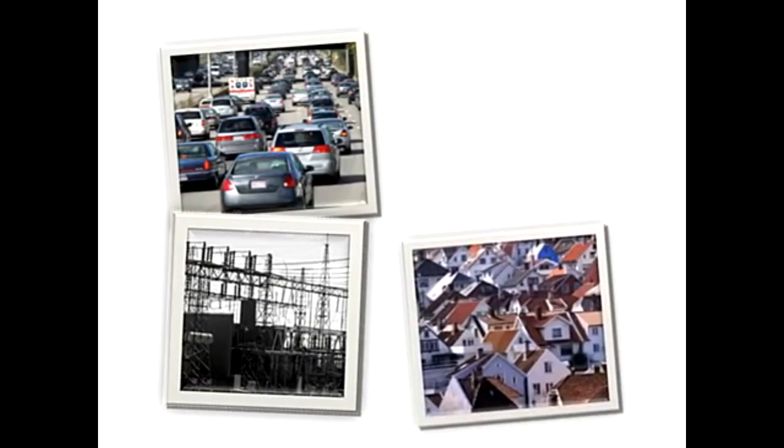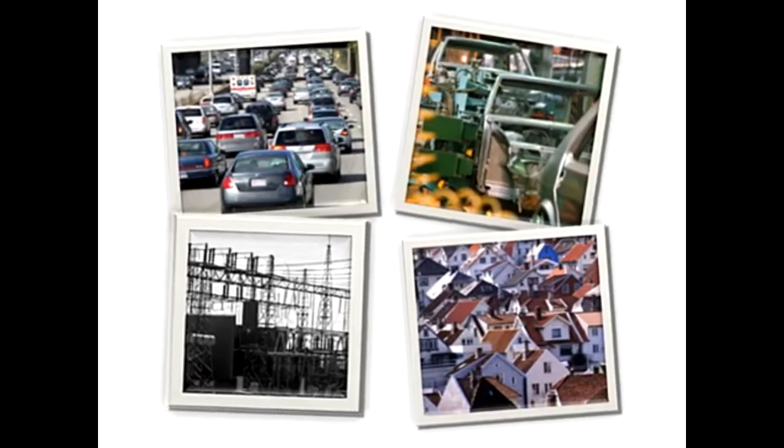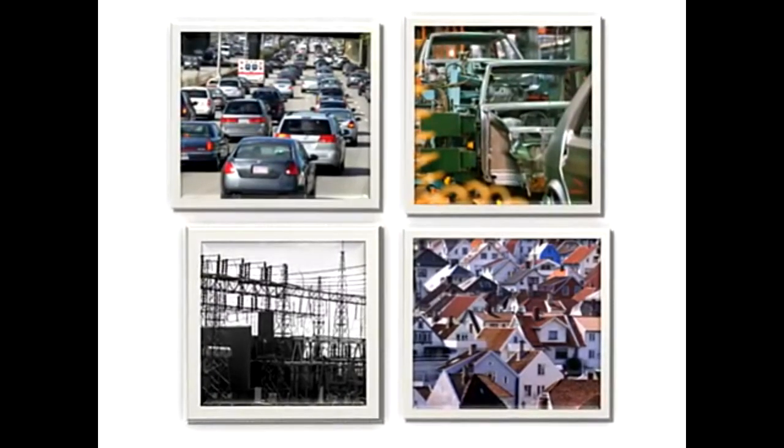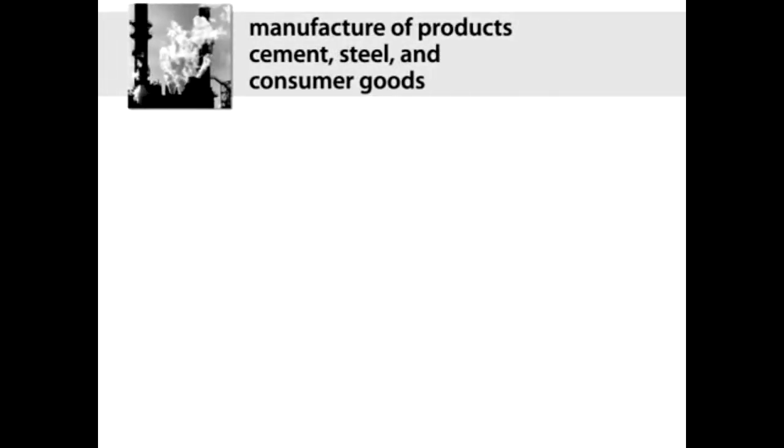We use fossil fuels to generate electricity, power our vehicles, heat our homes and offices, and power much of our industrial economy. But what amount of CO2 addition does each of these human activities account for in our atmosphere? Globally, heavy industry, for example, the manufacture of products like cement, steel, and consumer goods, accounts for nearly 1/5 of the CO2 addition.